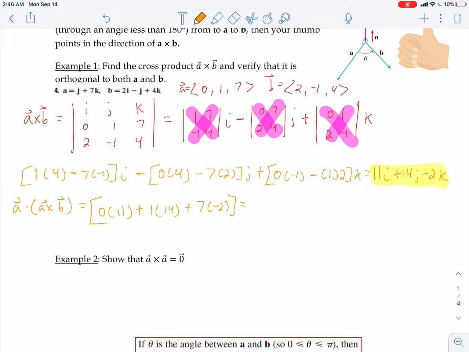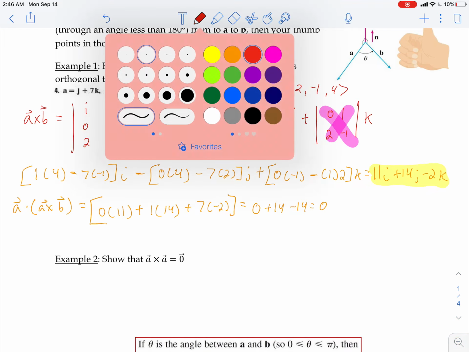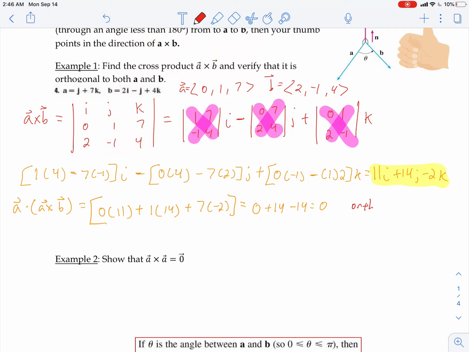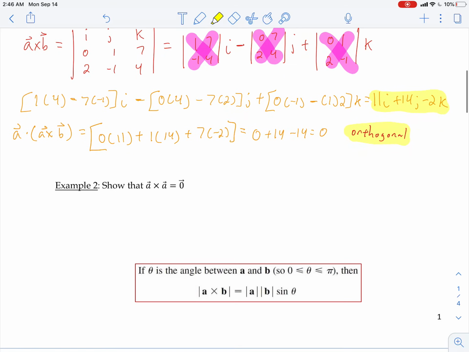And if this is 0, then it works out. So 0 plus 14 minus 14 equals 0. So yes, it is orthogonal to A, and to save some time, it's also going to be orthogonal with B. Just go ahead and make sure.